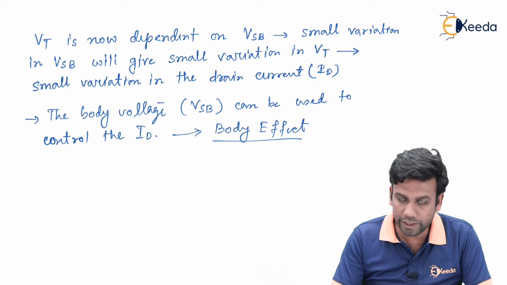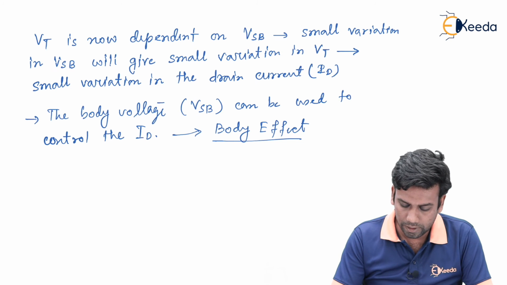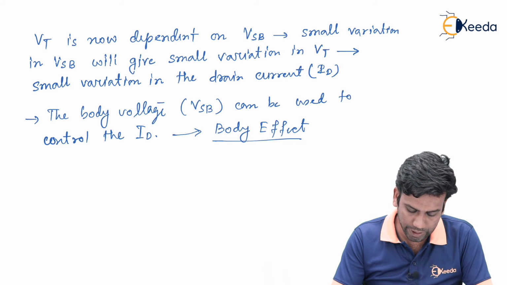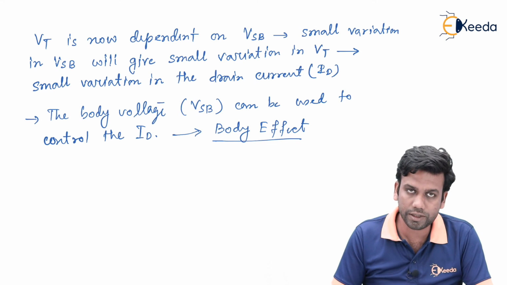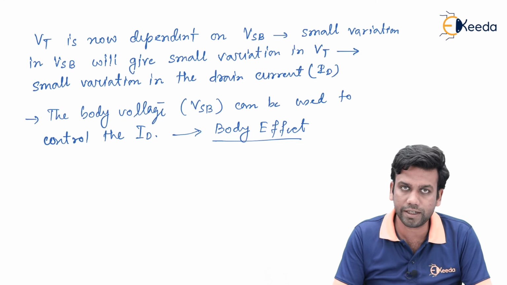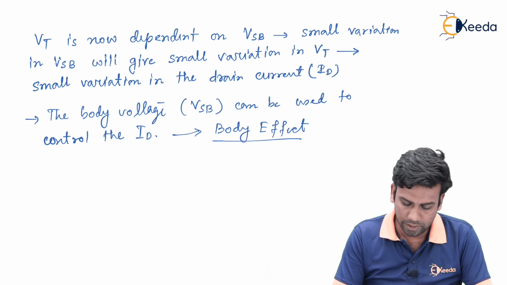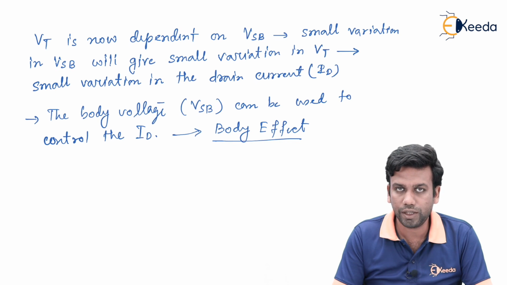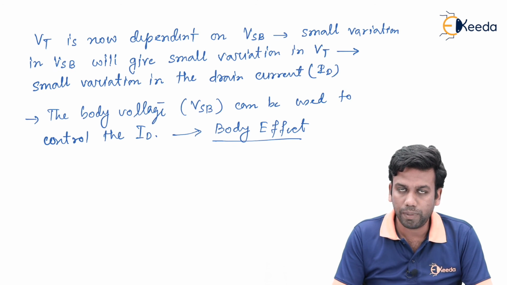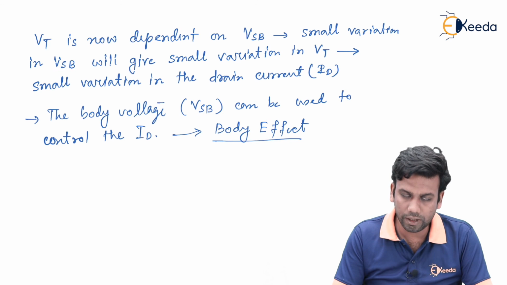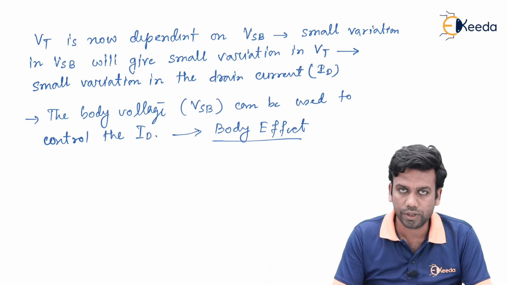So during this body effect, this is the second means by which we can control the ID, like the body is now working as the second gate terminal of the MOSFET, and during the body effect we can control the ID by two means. The first means we can control the ID from the VGS, and the second way is by the body effect. So this is all about how to reduce the threshold voltage of a MOSFET. Thank you.